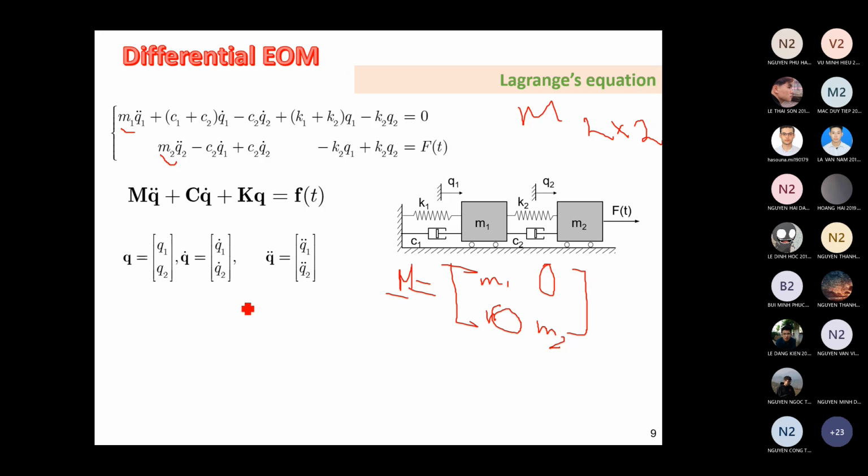Matrix C, okay? First matrix C. Anybody can read for me? What is the first element of the matrix C? Because the matrix C will multiply with the Q dot vector, Q1 dot and Q2 dot. Who can read for me the matrix C?